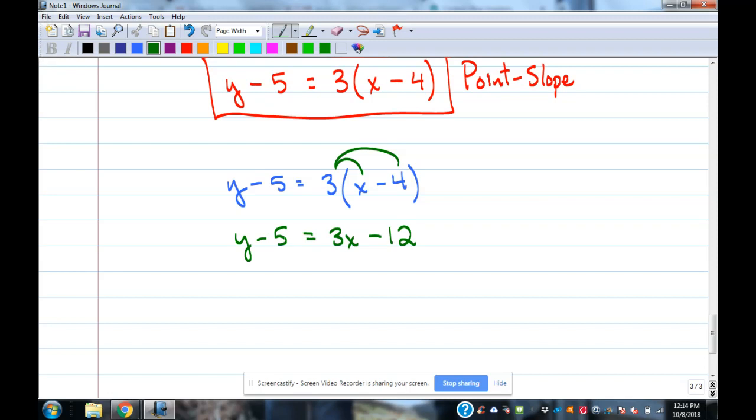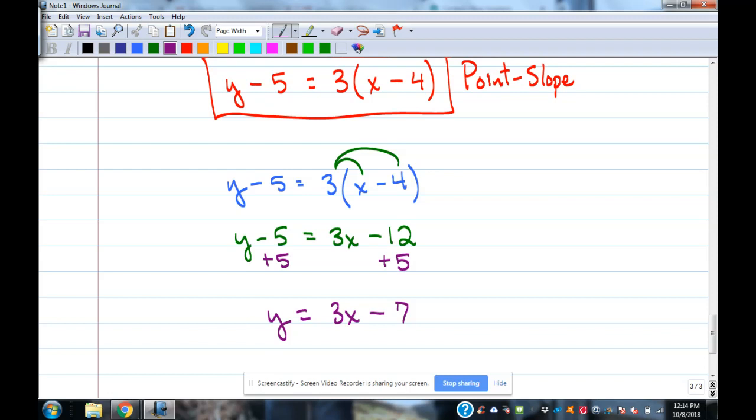One more step gets y by itself. Add 5. What do I add 5 to? Negative 12 over there. So that's y equals 3x minus 7, right? Negative 12 plus 5, negative 7.